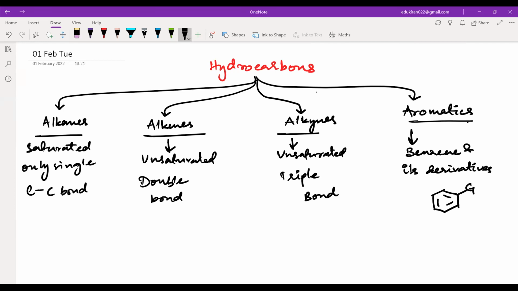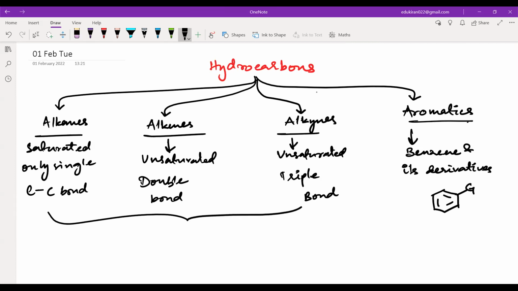So these are the 4 classes of compounds that we are going to study. What are we going to study? We will be studying the general structure of alkanes, alkenes, alkynes, and aromatics, all of them. For these 3, there will be a general pattern that you can see.